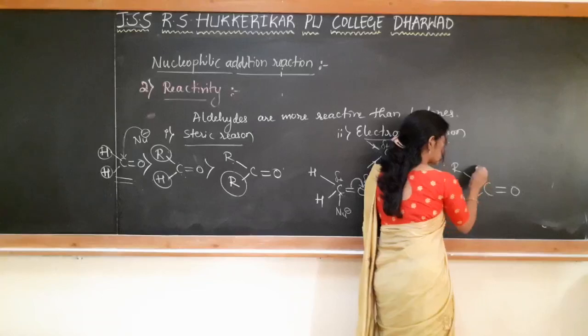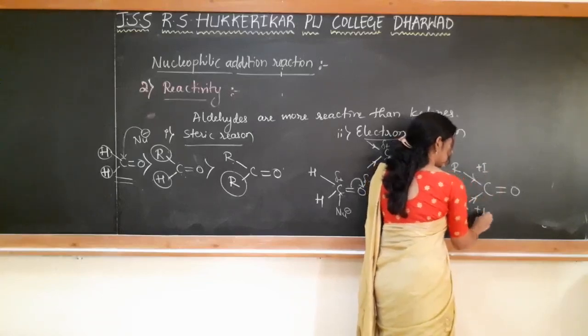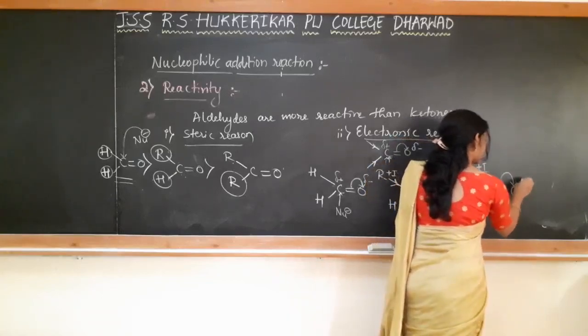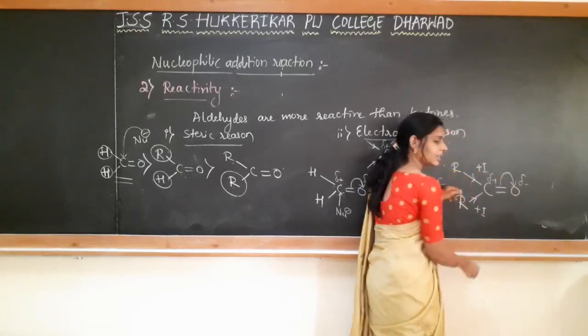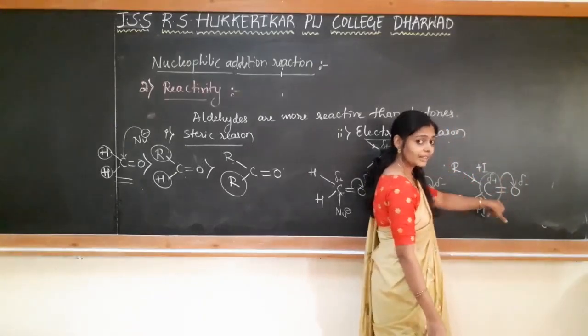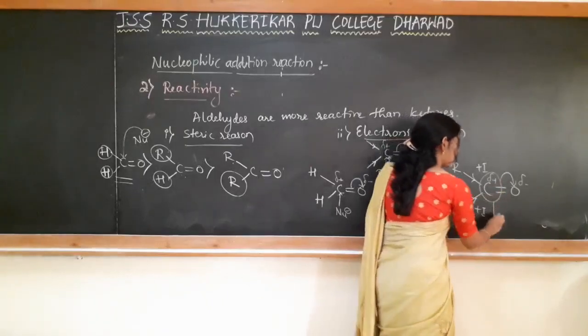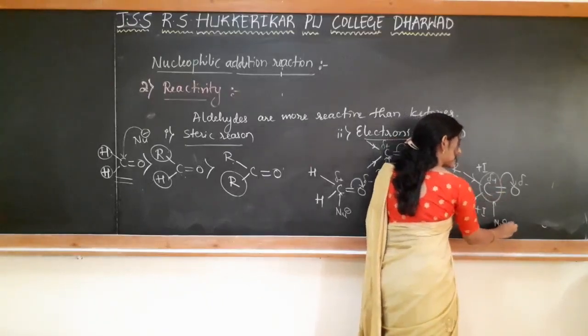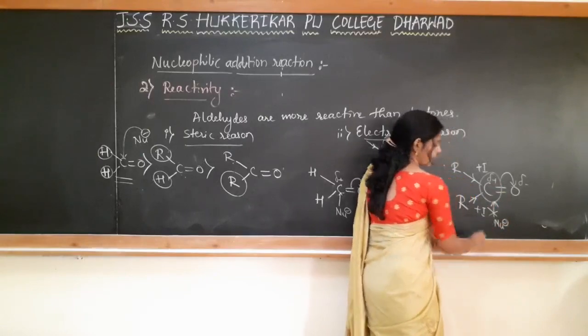in this case both the groups will show a plus I effect. So what happens to the electron density on the carbonyl carbon? It further increases. When it increases, does the nucleophile attack this carbonyl carbon easily? No. Right?